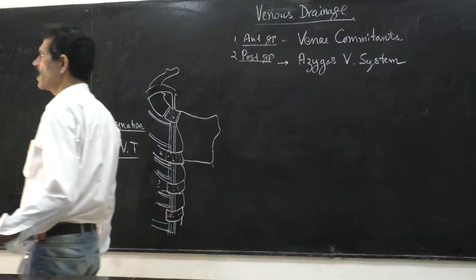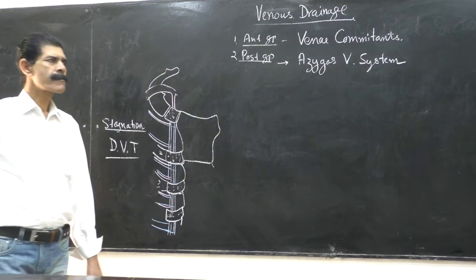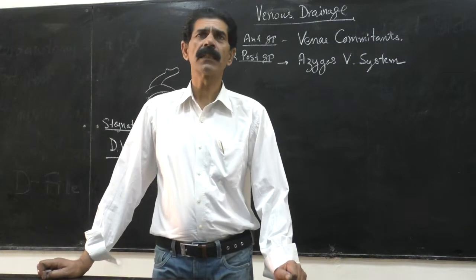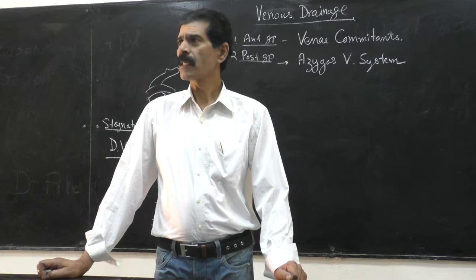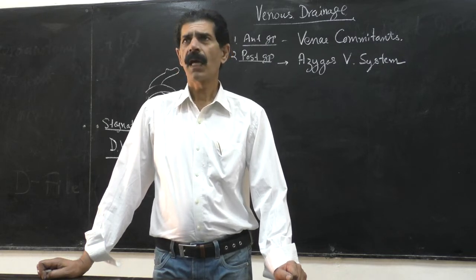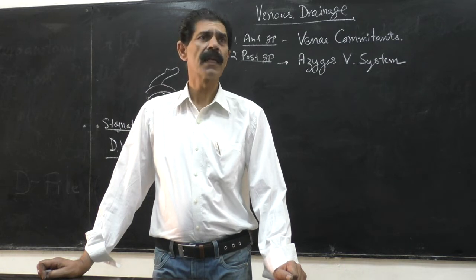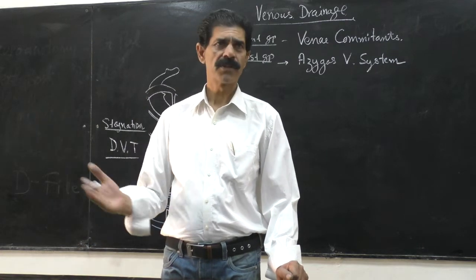So for such chronic patients, in order to avoid DVT, the physicians recommend tight stockings on the leg, and the foot end of the bed is raised for gravity drainage.